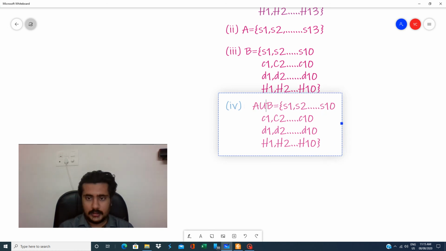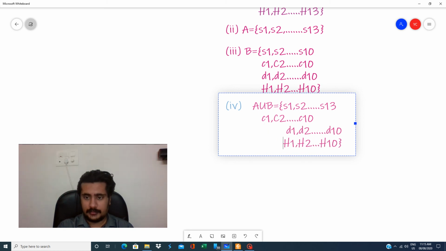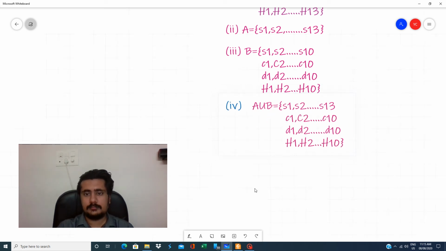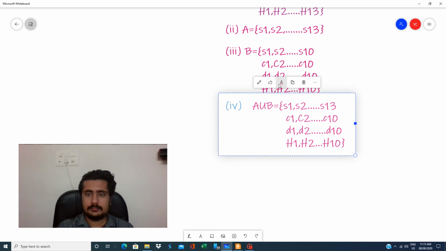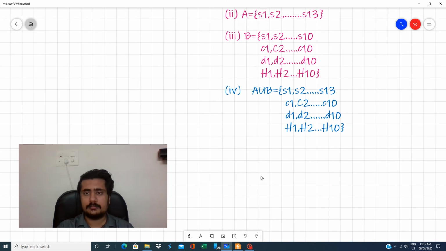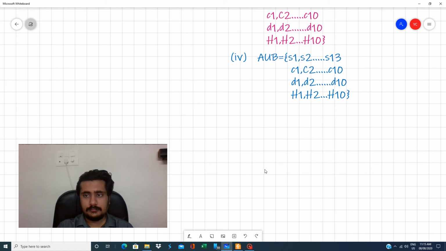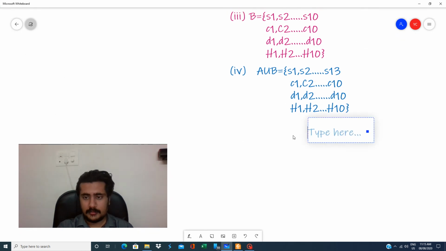A union B is equal to S1, S2 up to S13. In A there are S13, so we'll stretch S up to S13 and the rest only from C1 to C10, D1 to D10, and H1 to H10. So this is your union.